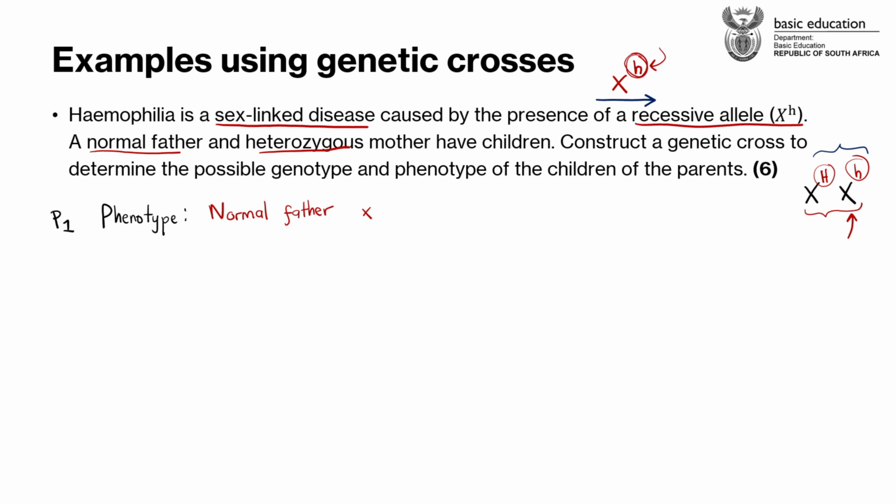Now if we analyze the phenotype, remember, according to Mendel's second law, whenever we have an organism in a heterozygous condition, the dominant allele is the one that shows itself in the phenotype. In this case, the dominant allele, X with a capital letter H, has to be normal, because small letter h is an infected person.